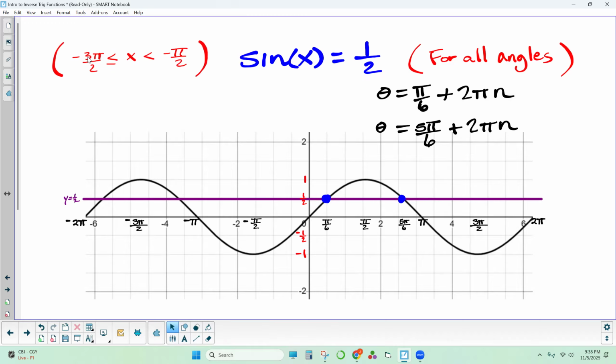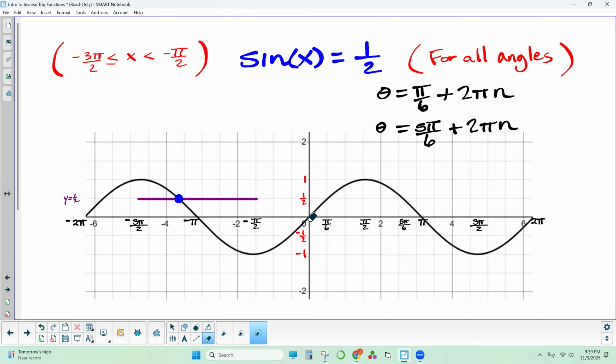So I'm going to take my purple line y equals 1/2 and extend it along this interval, and as you can see, I now only have one solution. So the number of solutions will change depending on the interval you are given.